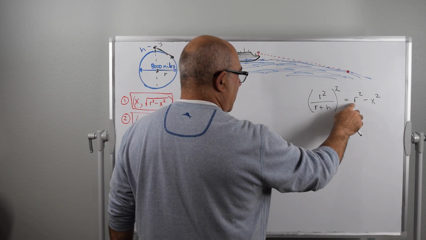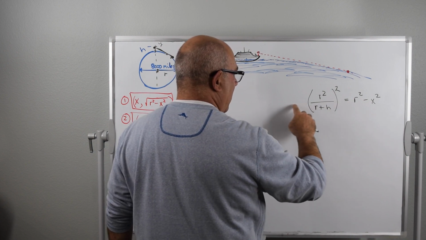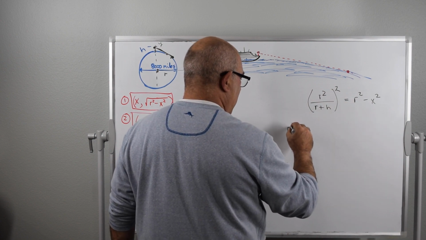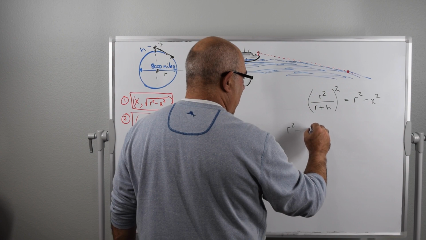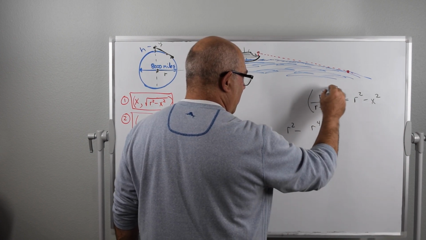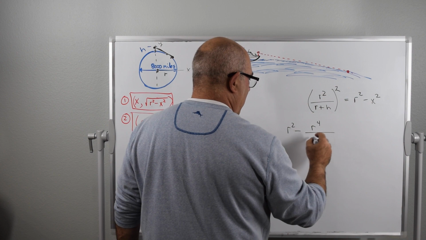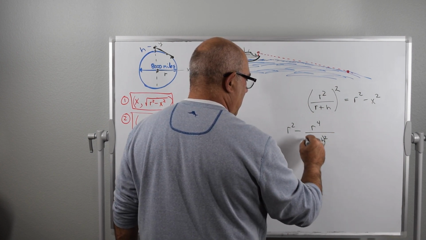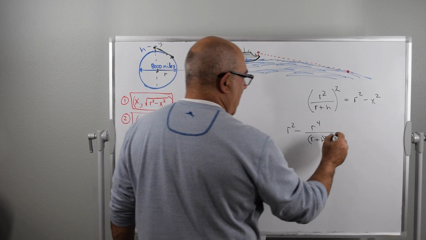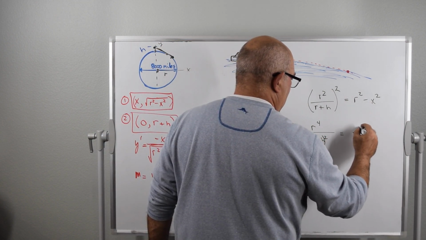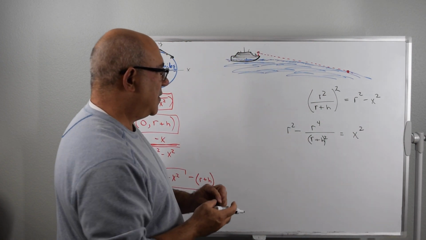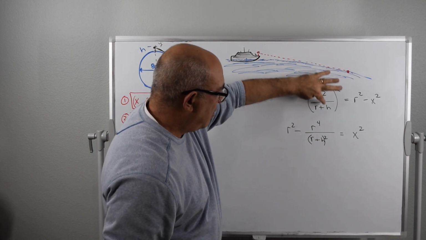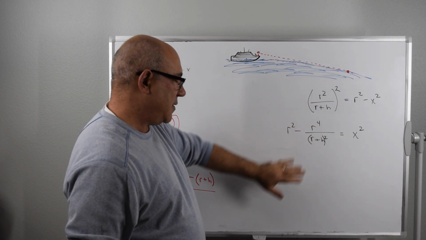So this would be r squared minus this. So r squared minus r to the fourth over r plus h squared equals x squared. We did a couple things there. We brought this over, we brought the minus 1 over, and we squared both of these. Okay, so we end up with this.